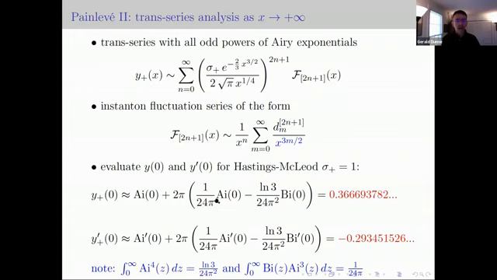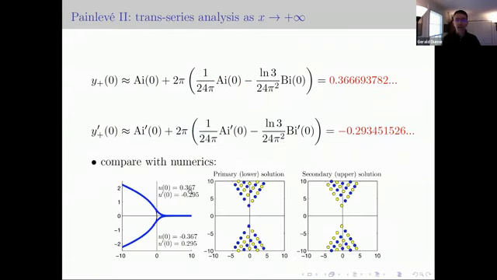And if we go back, we see that these values quoted in this numerical paper match very precisely, just from the first two terms. So this is a very rapidly converging approximation in the positive x region. So that's the structure of the trend series on that side.